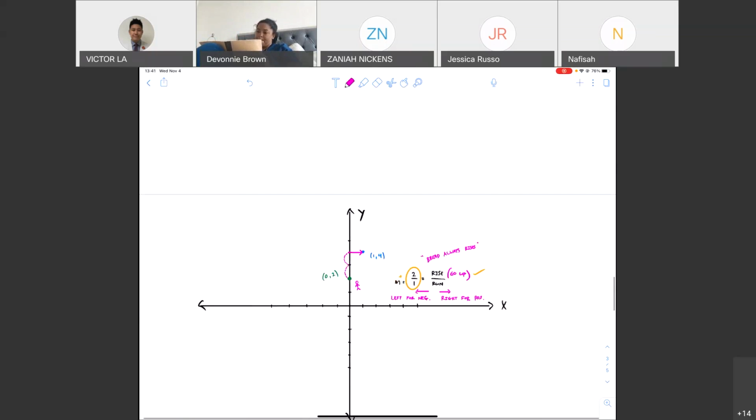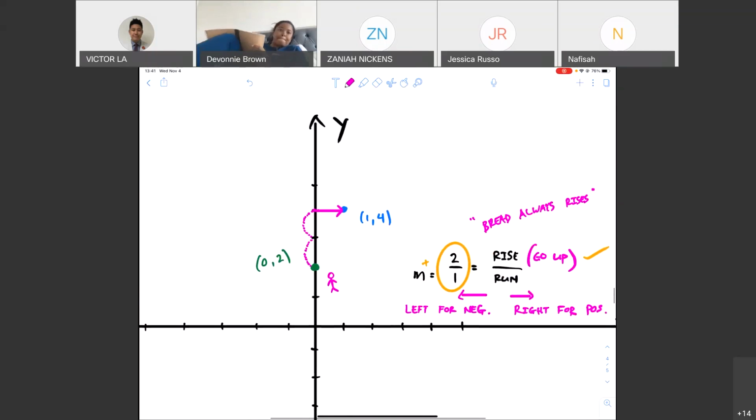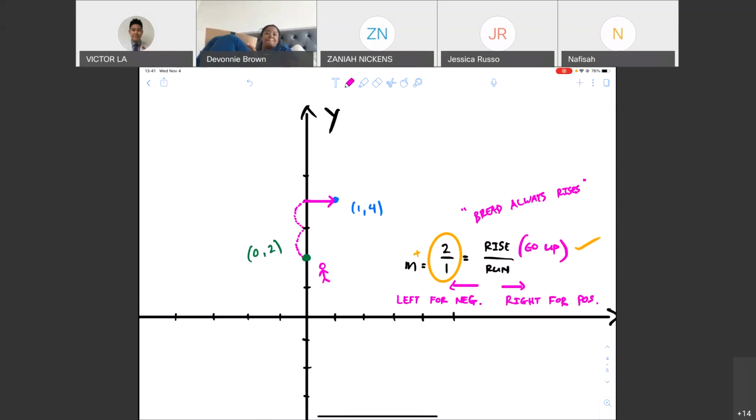The fact that I gave you, sorry, let me zoom in again, 0, 2, and 1, 4, is that you're finding the relationship between the two, right? What's the slope, or what's the change in them?